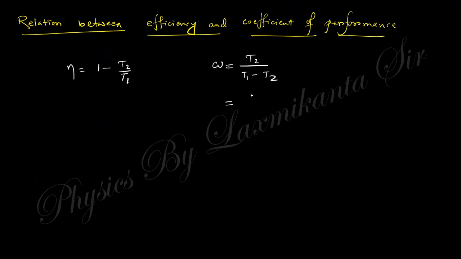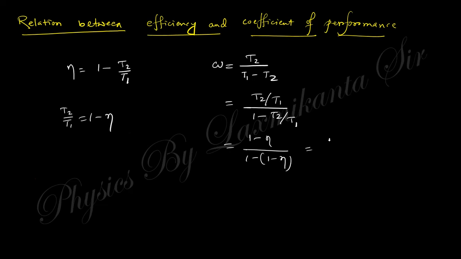If you divide by T1 here, you get T2 by T1 over (1 minus T2 by T1), and you can see that T2 by T1 is nothing but 1 minus eta. So this is 1 minus eta, and this is 1 minus (1 minus eta), that is eta. So omega is 1 by eta minus 1.